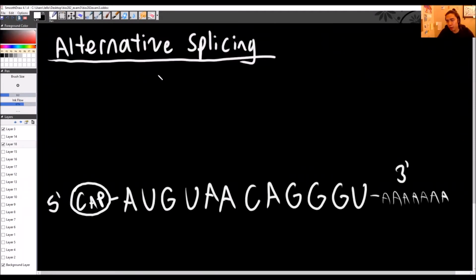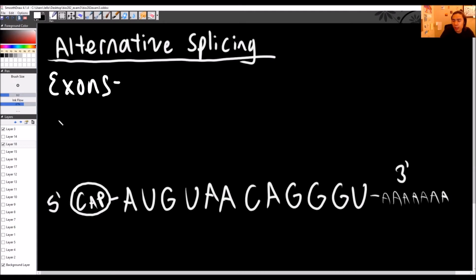Let's talk more about alternative splicing. Eukaryotic cells are able to modify their RNA, their primary transcript, such that different mRNAs can be yielded. This means that eukaryotic cells can remove the RNA that is not wanted to be translated and only leave the RNA that is wanted to be translated. So this RNA that is wanted and kept is called exons.